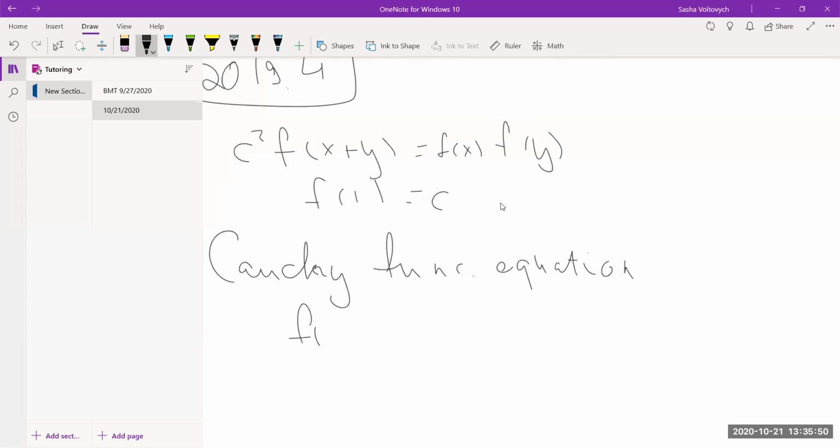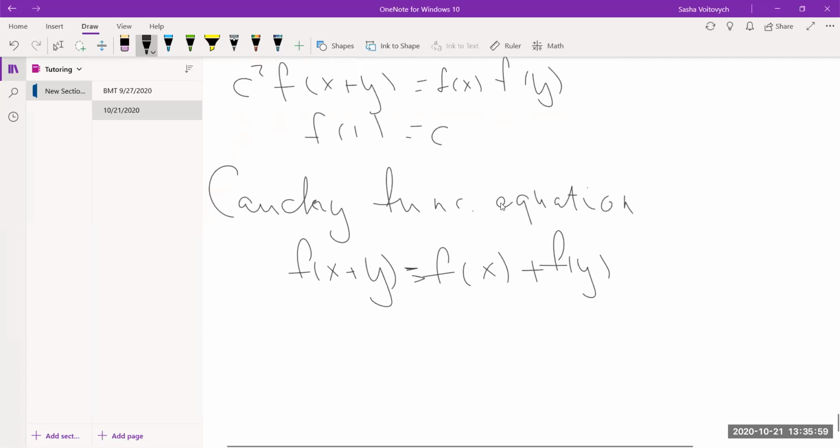This functional equation tells us to find all functions for which this is true.